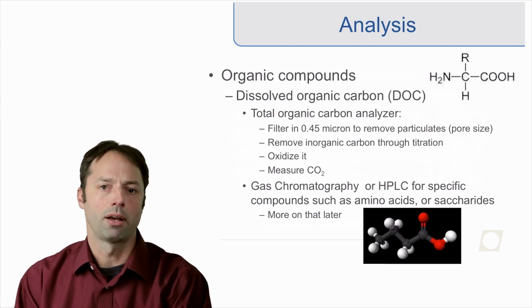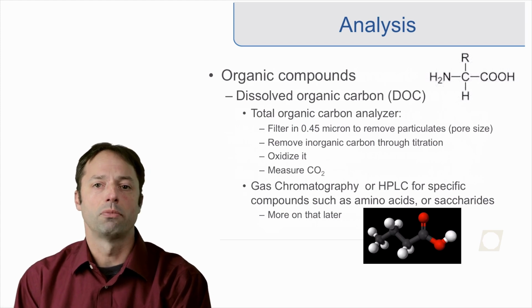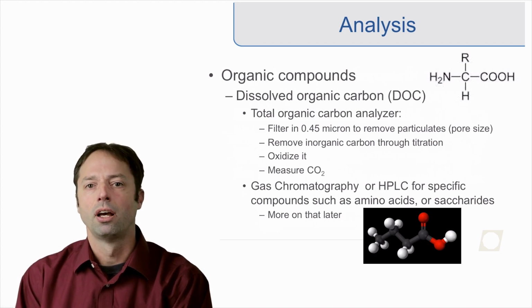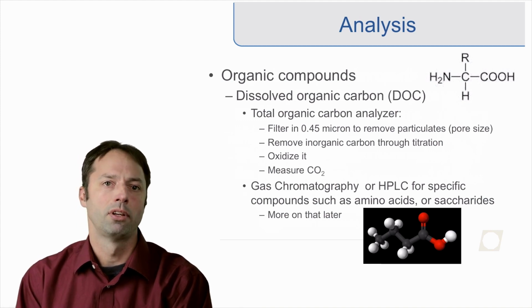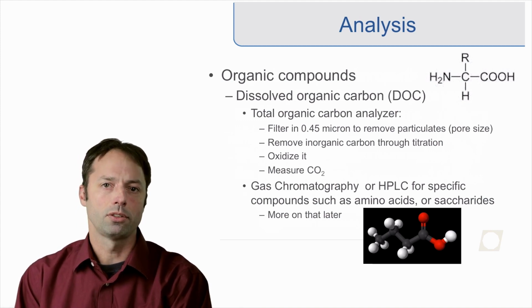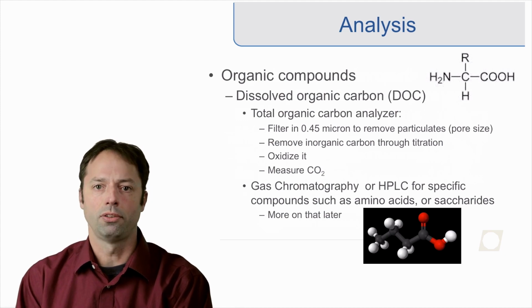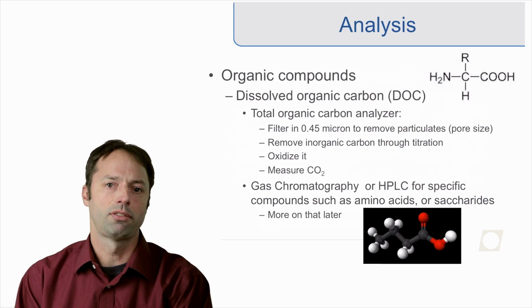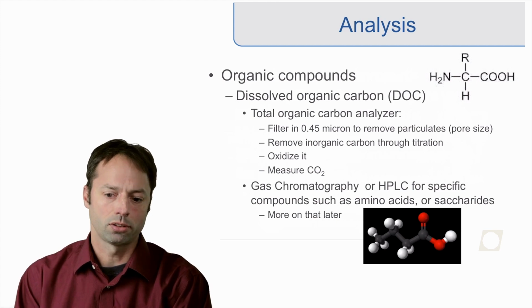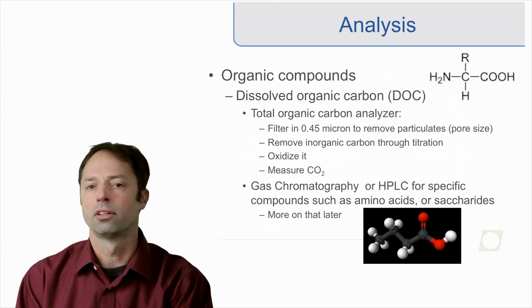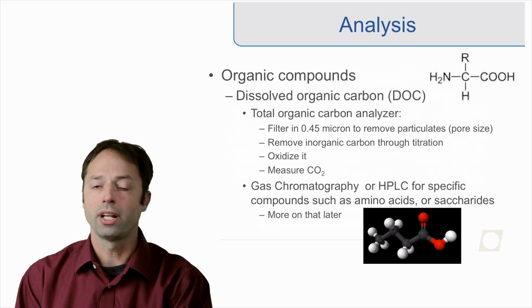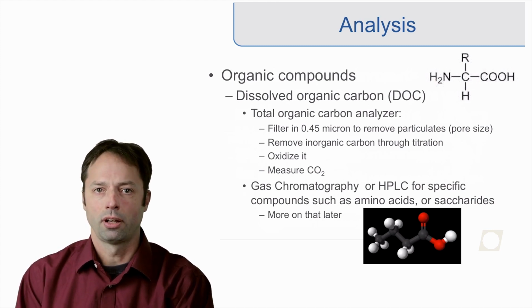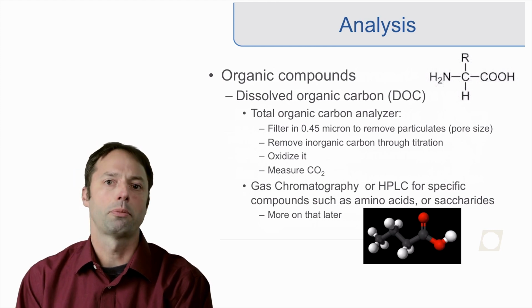Organic compounds. You usually have some very specific analytical procedures when you're getting at organic compounds. Dissolved organic carbon is one common method. Basically, it's small carbon molecules that are dissolved directly in the water. One way to get total DOC, you would filter the particulates out.